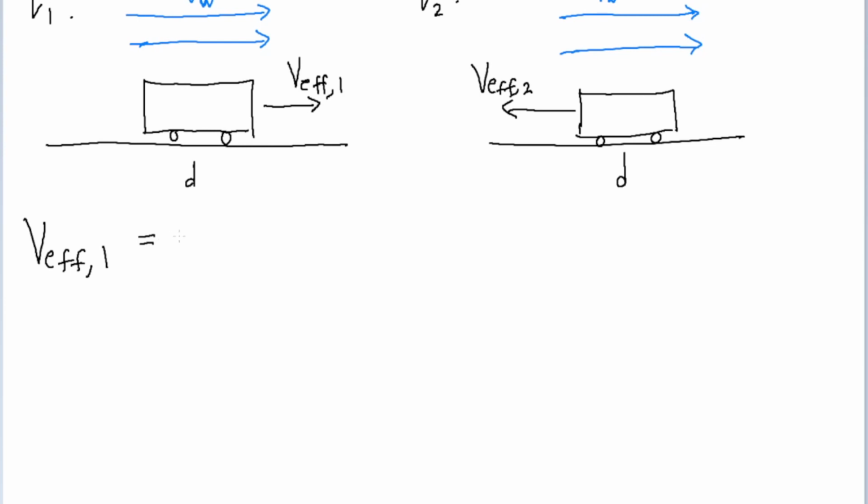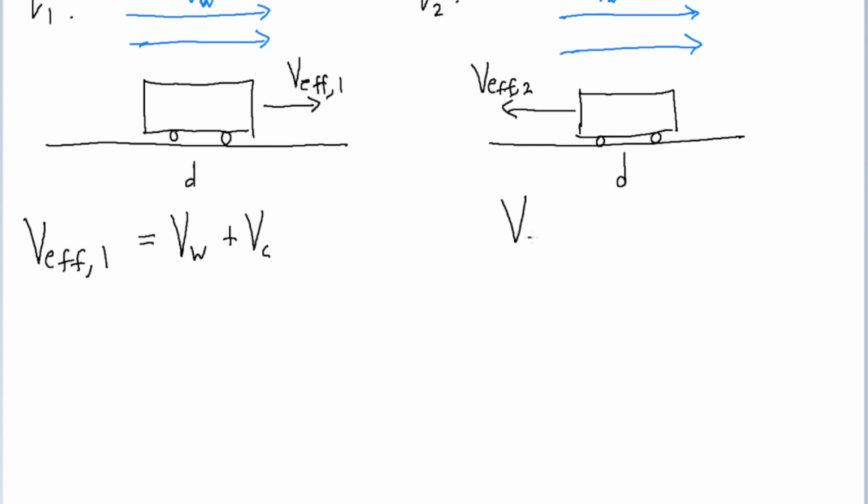So V effective 1 is going to be the wind's speed, V sub W, plus V sub C, which is the variable defined in the problem as whatever the car's speed would have been in a windless situation. So whatever the car's speed would have been is being added to the speed of the wind to create the actual effective speed.